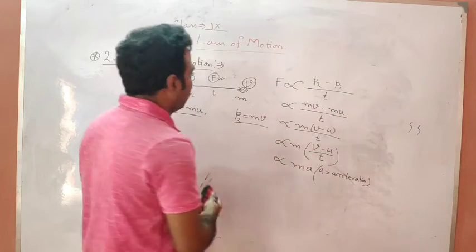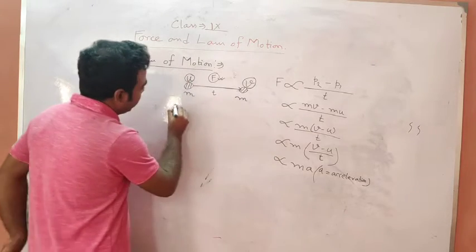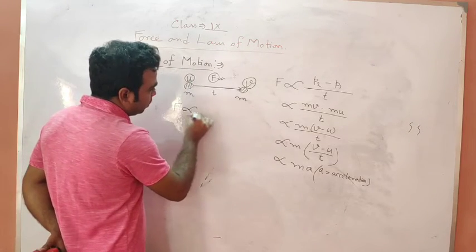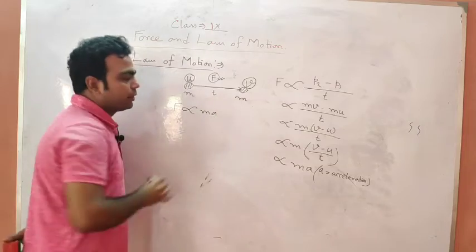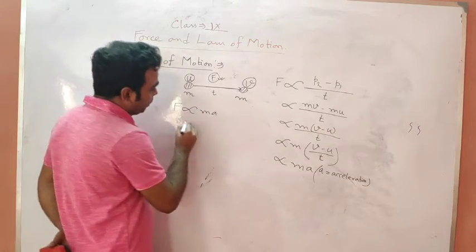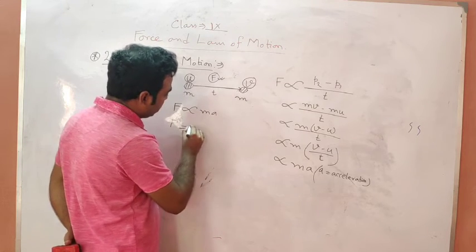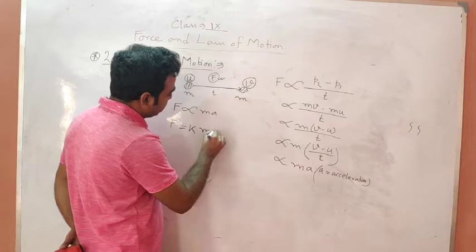Okay, now what do we get? We get that finally F is proportional to ma. Now to replace the proportional sign with an equal sign, we have to bring in a constant, suppose that is k.